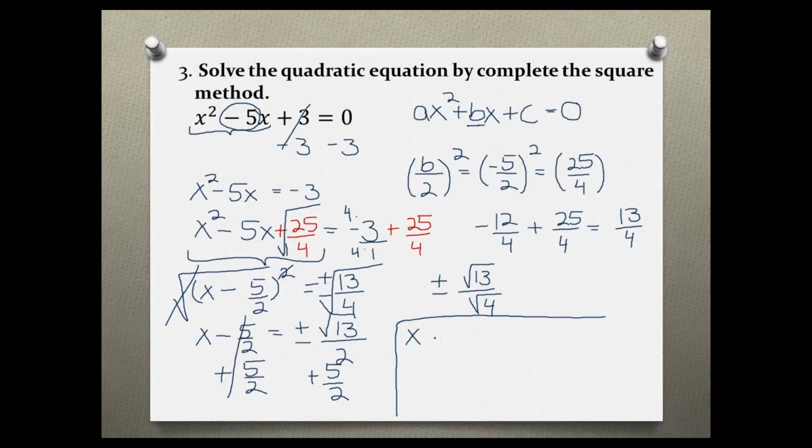So one, we have x equals 5 over 2 plus the square root of 13 over 2, and then my other solution would be 5 over 2 minus the square root of 13 over 2.